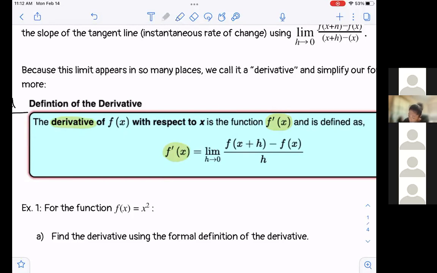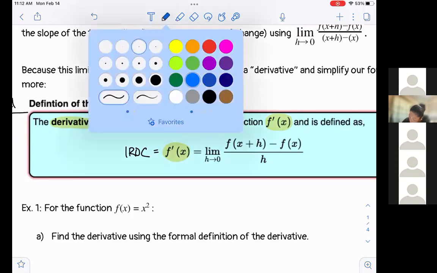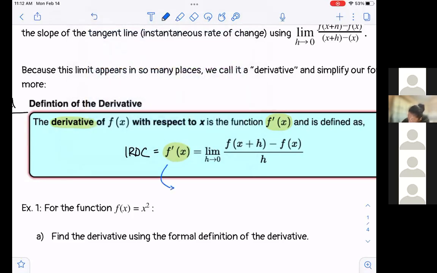We can also say, for our brains, this is the same as the instantaneous rate of change. And the way that we say this is f prime of x. All right, so when we're reading it, we don't say f apostrophe x, we say f prime of x.